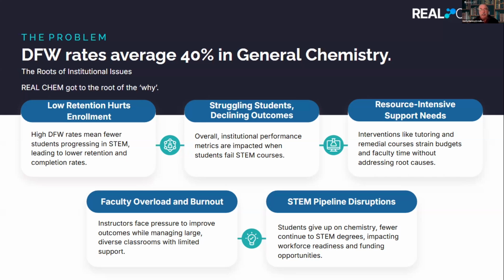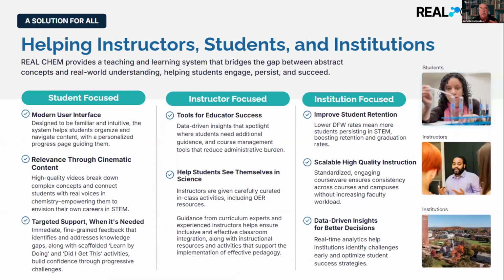And that's really, the next slide highlights the focus in thinking about this. The learning solution is, how do we be student focused, with a modern user interface. We're going to see a lot of videos of chemistry faculty members speaking in their voice about chemistry and their experiences, right? It's not a disembodied knowledge.